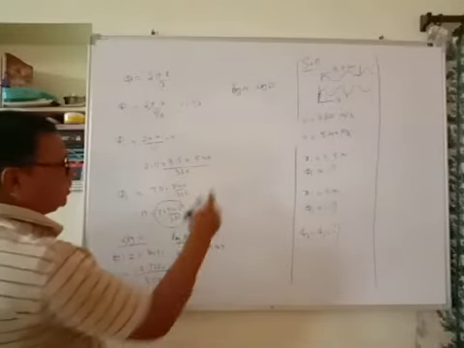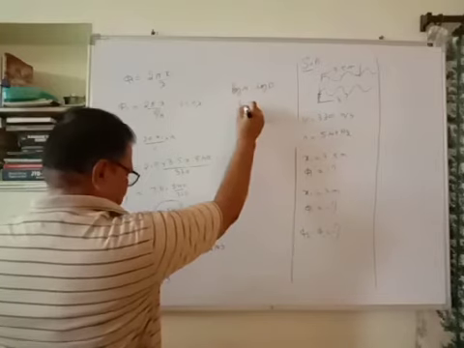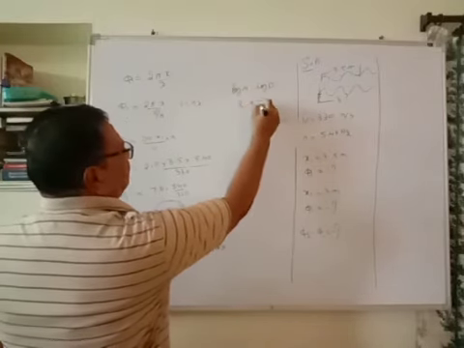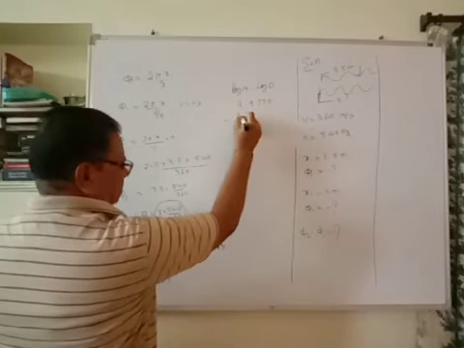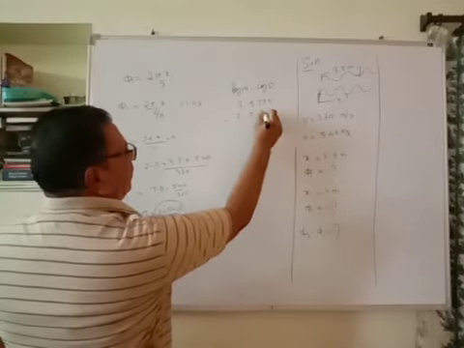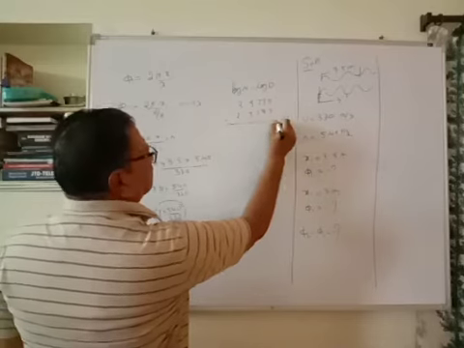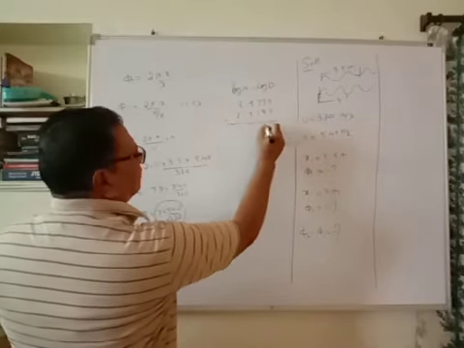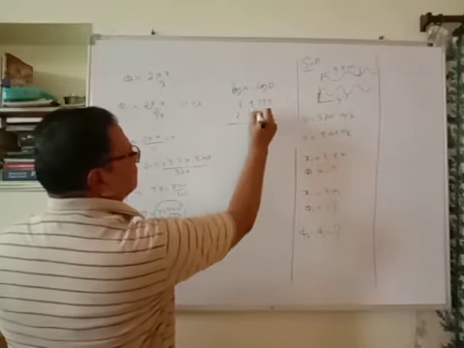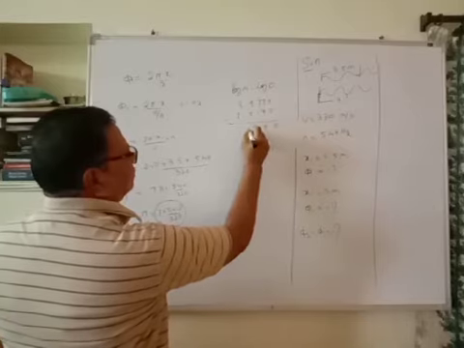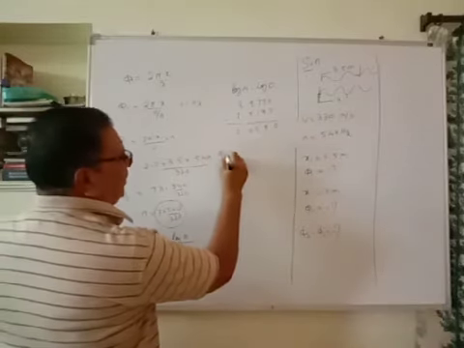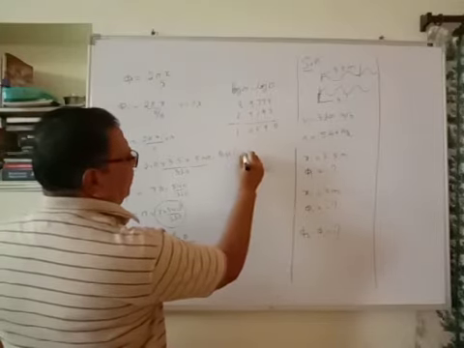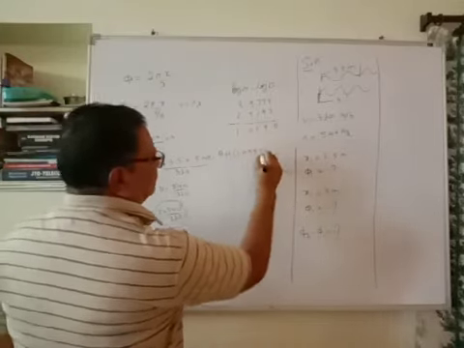What do we get? 3.5775 minus 2.5185, which is 1.0590. Let us determine the antilog of 1.0590.